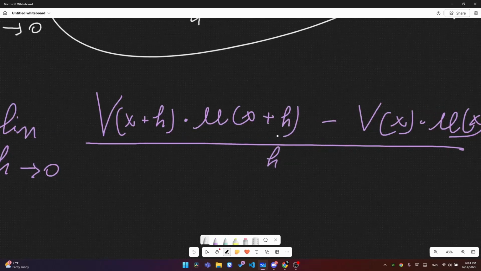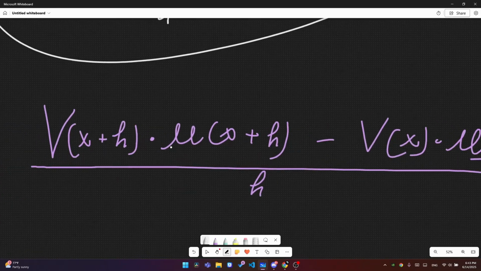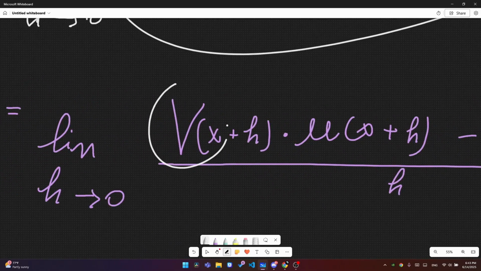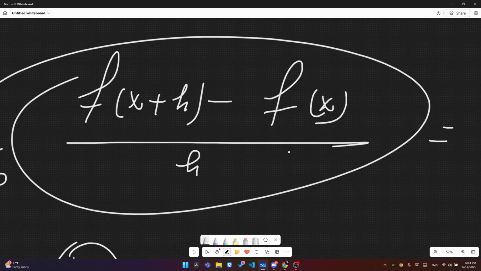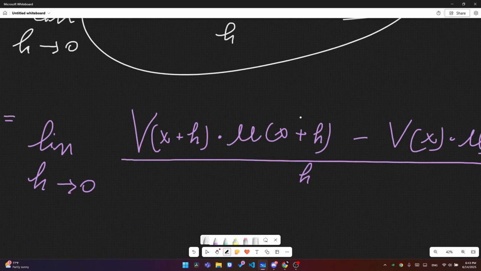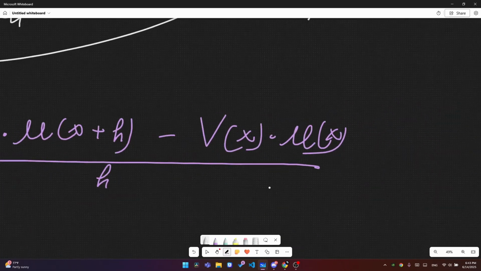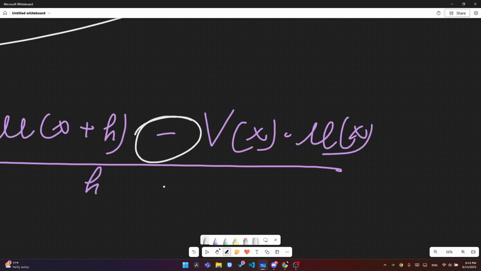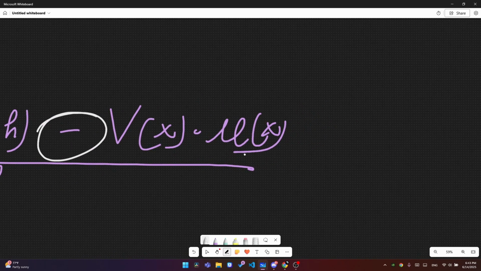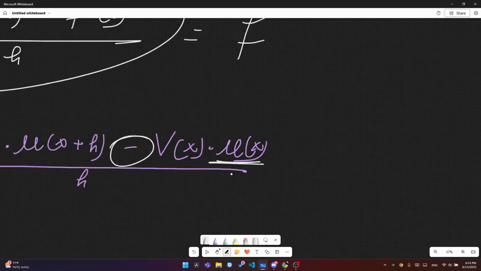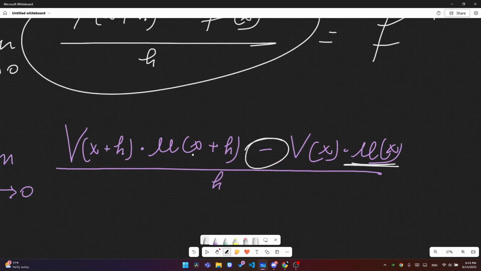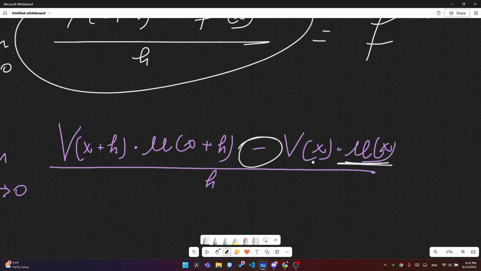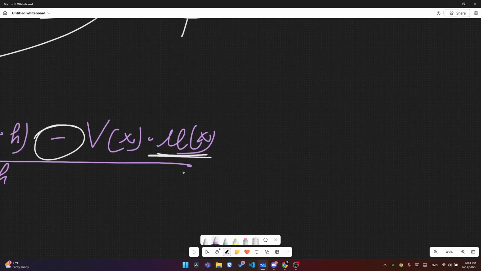What we want to do is use an algebraic hack to get these v and u into this formula right here. The one thing is we have this negative sign right here, and we also have this u of x.